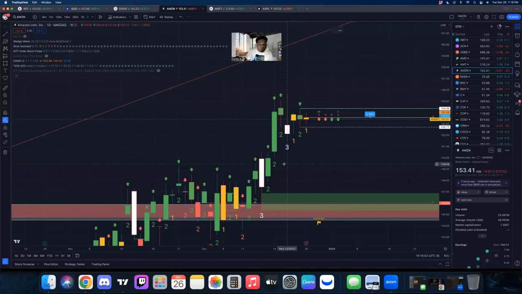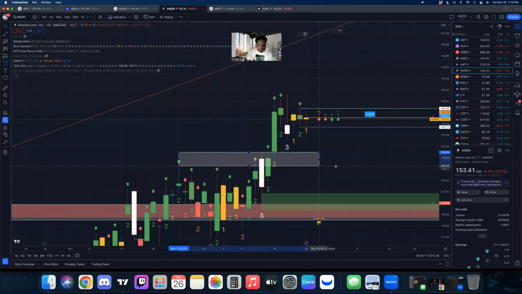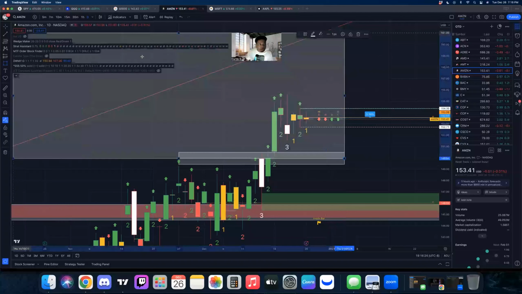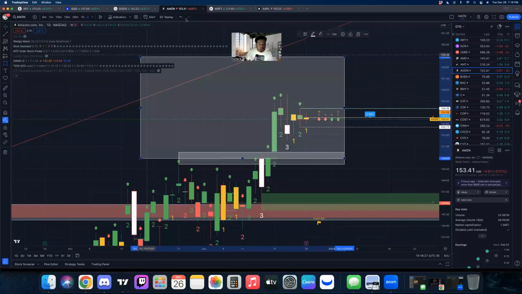And I even think there might be another rectangle. Something in this area right here might be a little bit of a support area on Amazon.